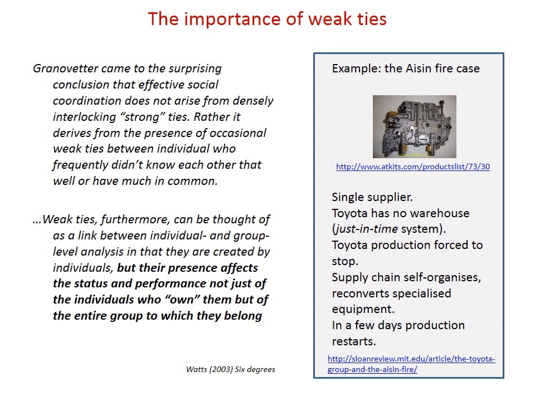Now, what happened among the other suppliers of Toyota is that they self-organized, and in the space of a few days they restarted production of a component they were not producing before.